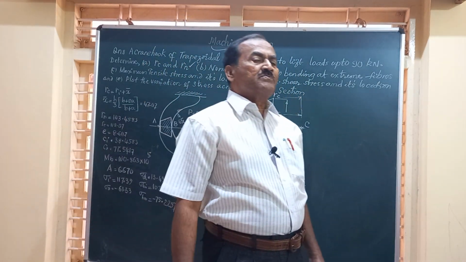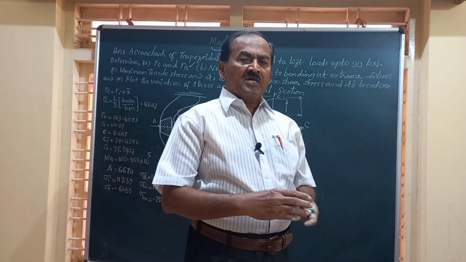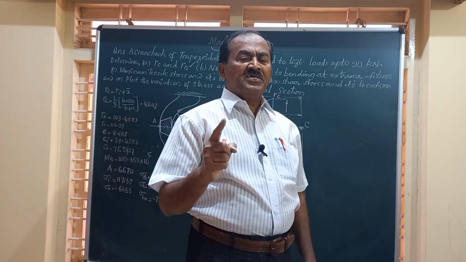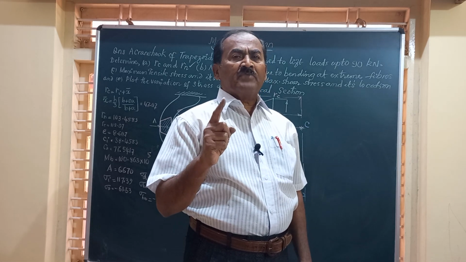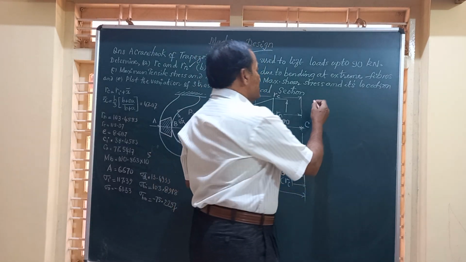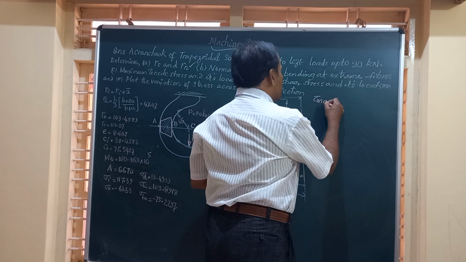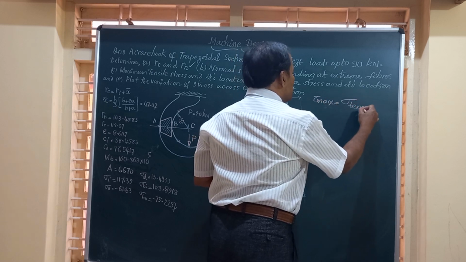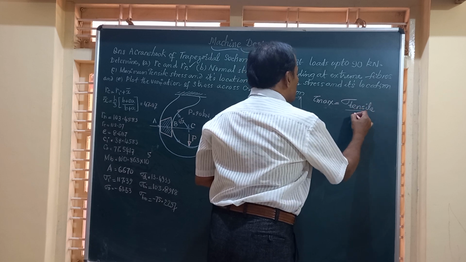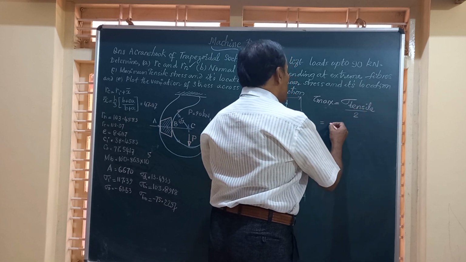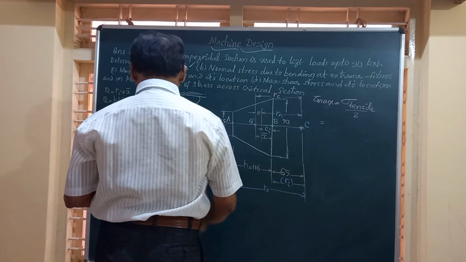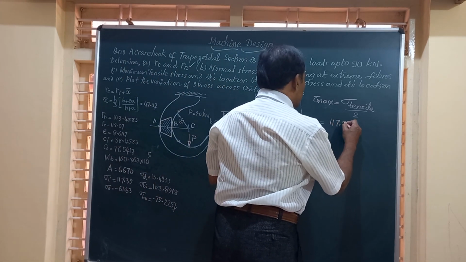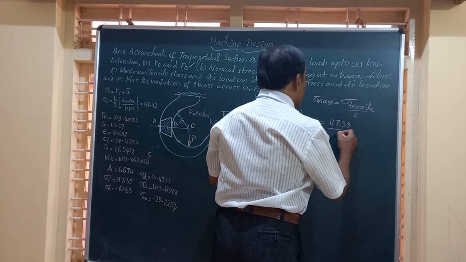Friends, in one of the previous videos on these curved beams, I told you the maximum shear stress is half the maximum tensile stress. So tau maximum shear stress is sigma tensile by 2. So that is equal to sigma tensile stress at the inner fiber, 117.39 divided by 2.